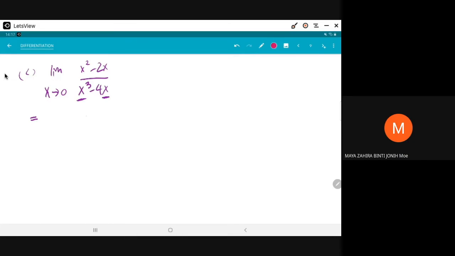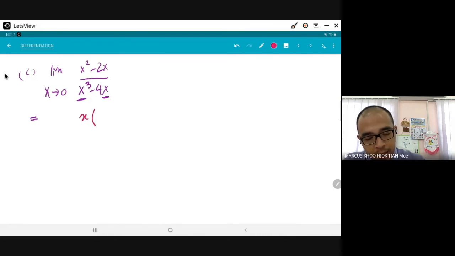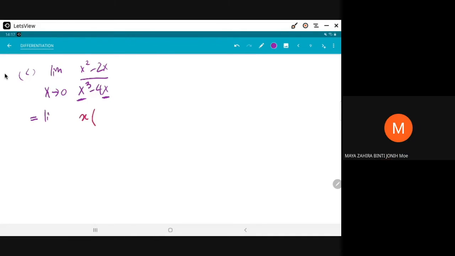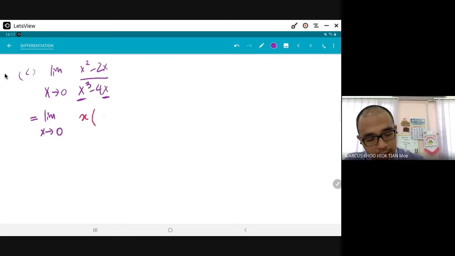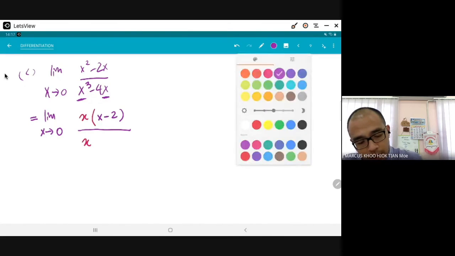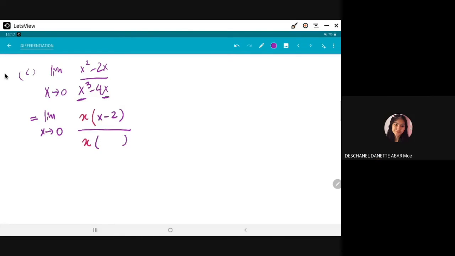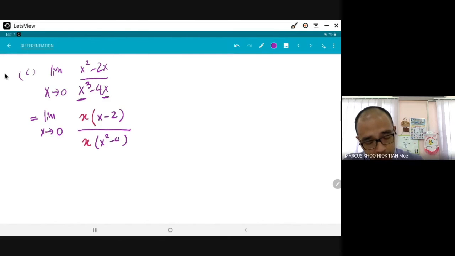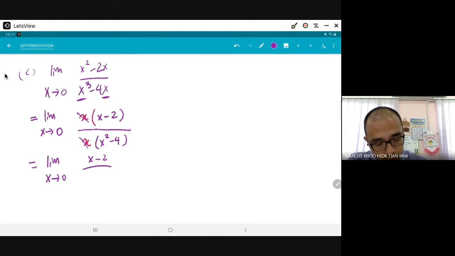So I'll get x, and on top what will I get? If I take x out from the top, x minus 2. Now at the bottom, I do the same thing. I take out x, and what will I get left? x squared minus 4. Then of course this x you can cancel, which makes our job much easier. But the problem is still this, x minus 2 over x squared minus 4.